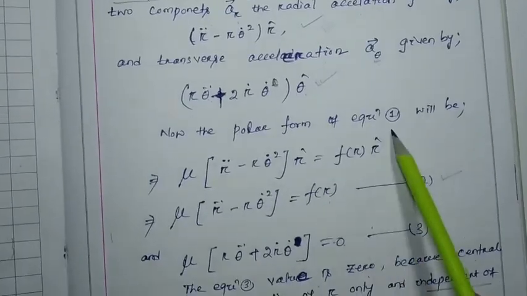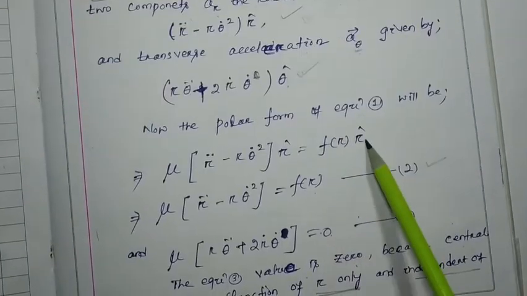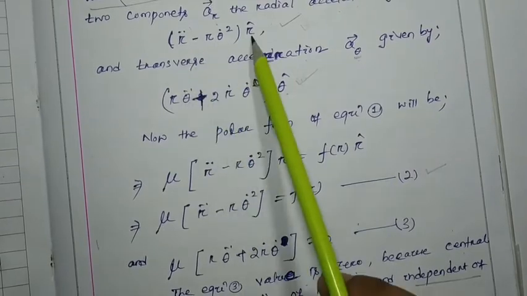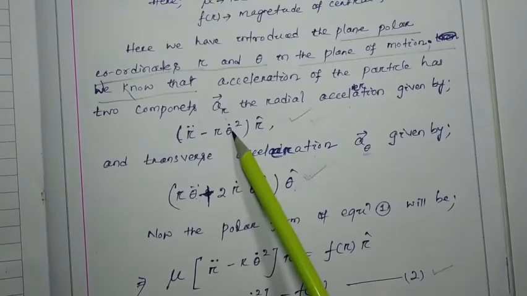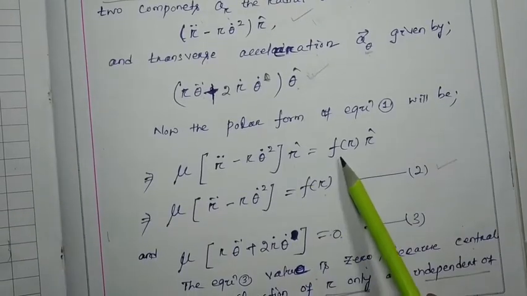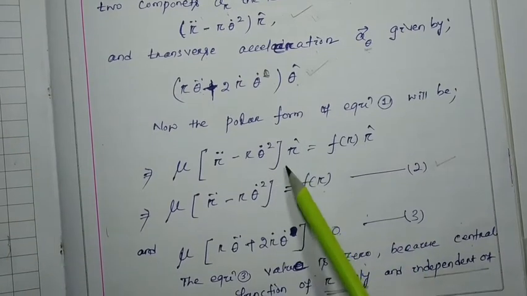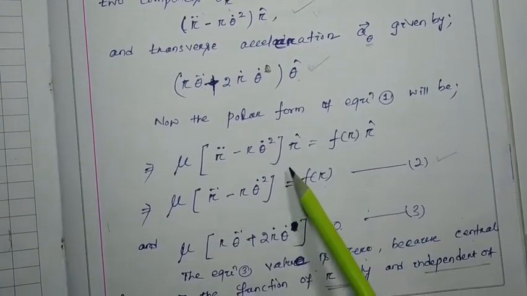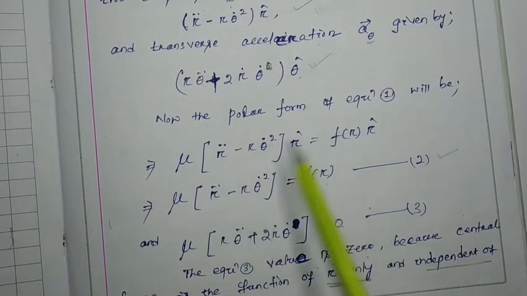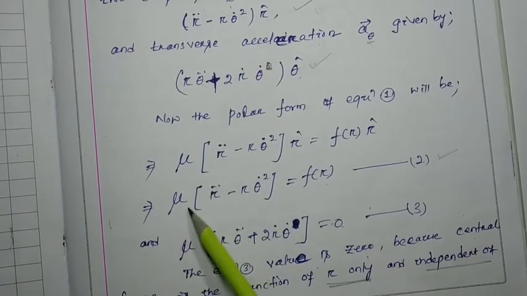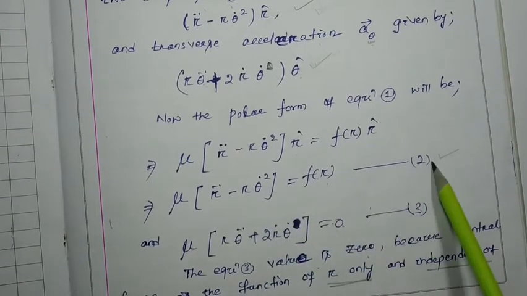Hence equation number 2 will be mu times the radial component of acceleration, r double dot minus r theta dot square, equal to F_r r cap. These two directions cancel, so considering only magnitude on left and right, mu times (r double dot minus r theta dot square) equals F_r. Let this be your equation number 2.